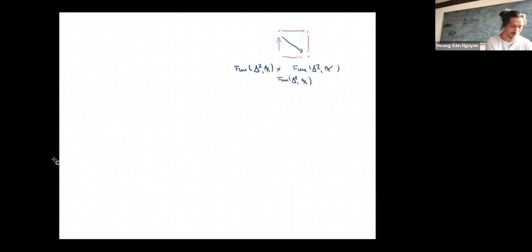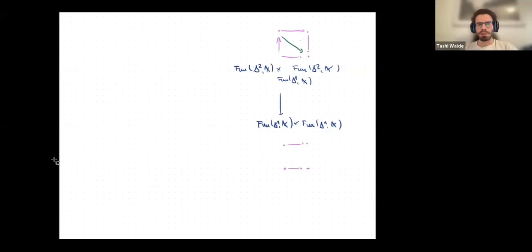And here we can map down into this product, and it's basically picking out the upper arrow and the lower horizontal arrow. I think in your picture, the right vertical arrow has to point upwards.